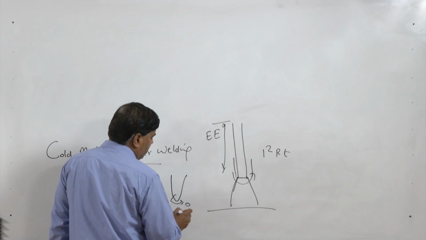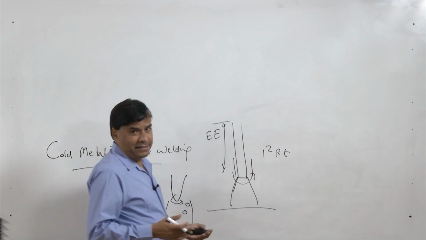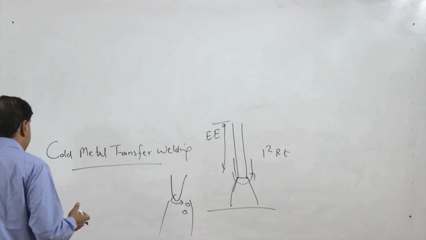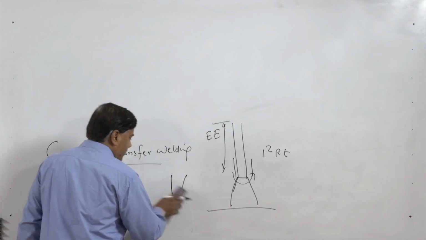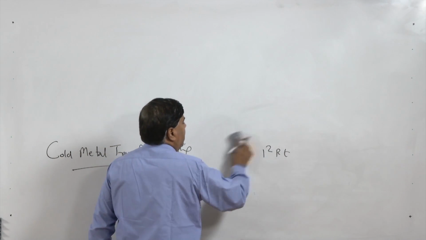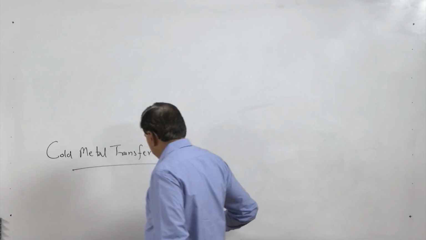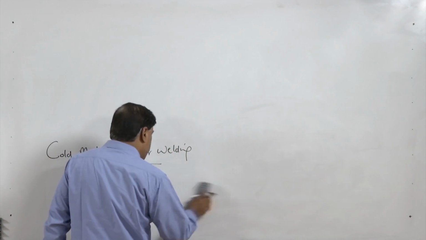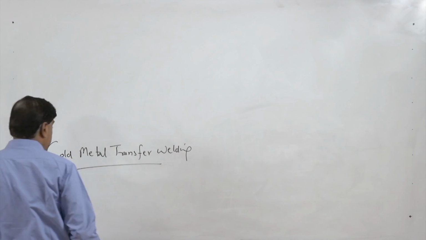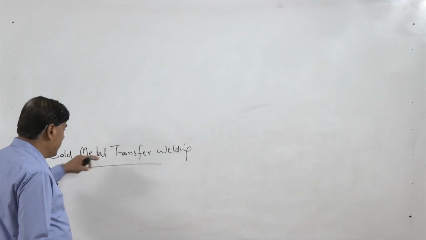So the transfer of the molten metal is less controlled, it is not as directed towards the weld pool as desired, and the molten metal is placed at places where it is not desired. So rotational transfer is avoided because we lose control over the transfer of the molten metal. So what is cold transfer here?